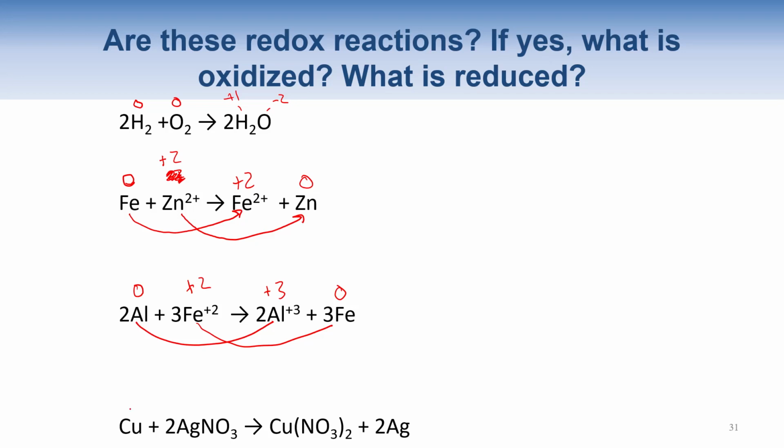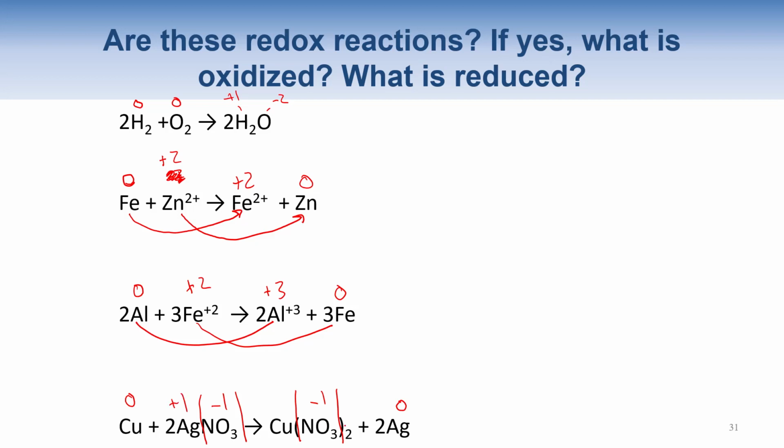Here we are going to calculate or put in the oxidation numbers. So elemental copper is 0, elemental silver is 0. Our polyatomic ions stayed together on both sides, so we can give it the charge of the polyatomic ion, and then we don't have to worry about calculating that nitrogen. This has to sum to 0, so if this is -1, this has to be +1.